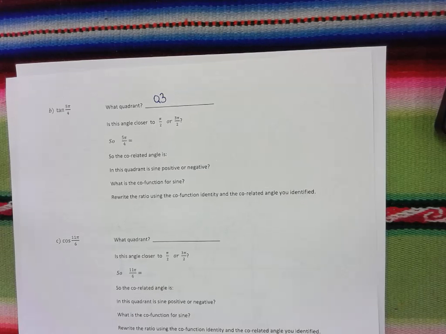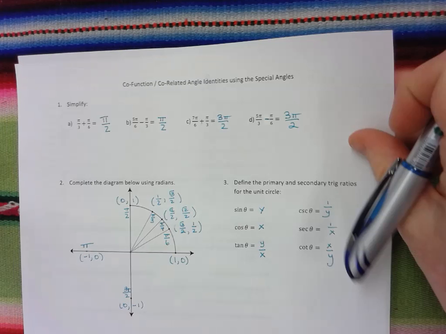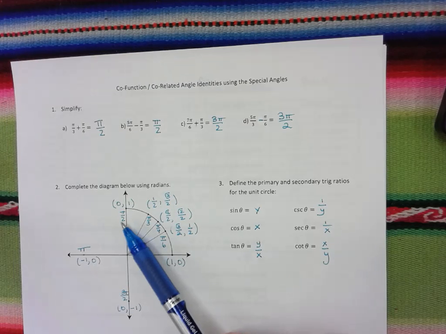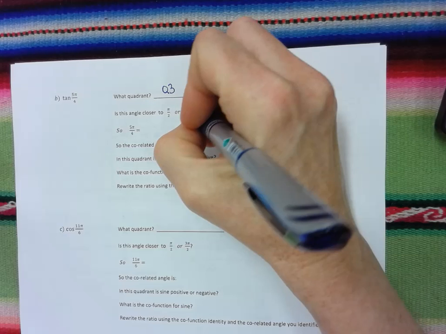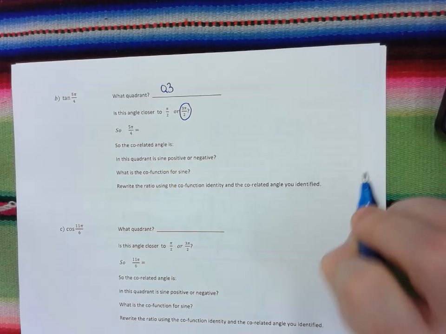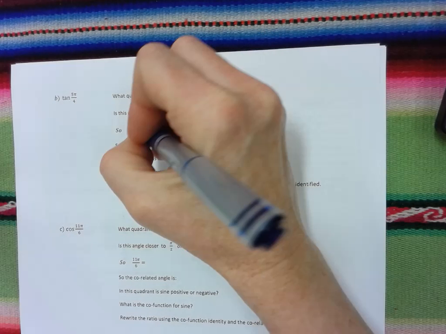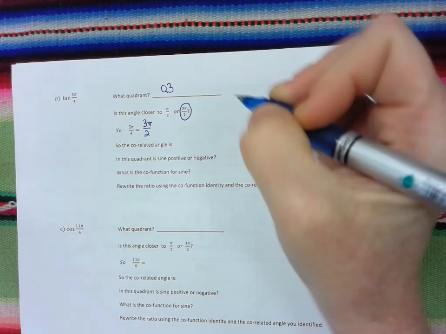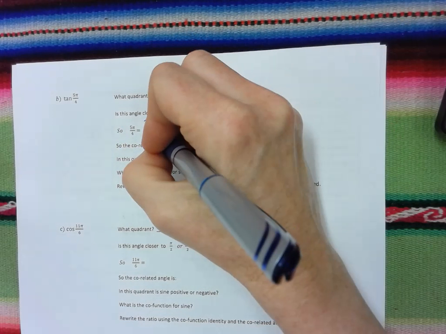3 pi over 2? Well, if we take a quick look at our unit circle, quadrant 3 is down here, and so obviously the angle is going to be closer to 3 pi over 2 than it is to pi over 2. So then we want to rewrite 5 pi over 4 as 3 pi over 2, and in this case our angle is before 3 pi over 2, so we're going to subtract our correlated angle.